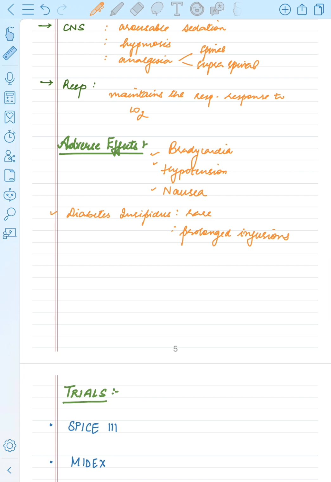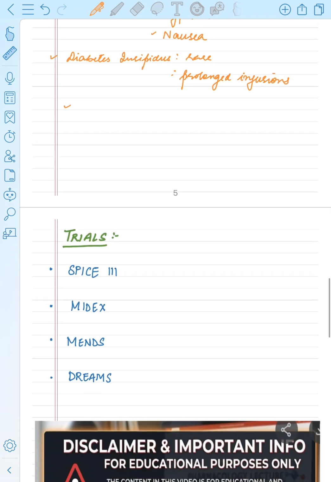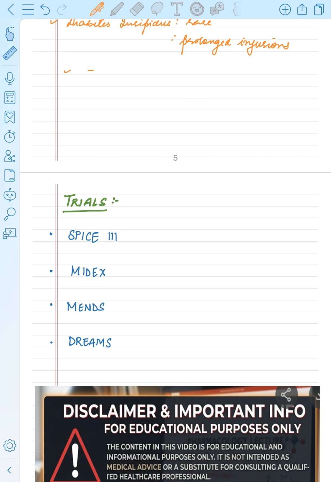It is a transient side effect causing significant polyuria, which can either be due to decreased vasopressin secretion or renal resistance, and it normalizes after stopping the drug.